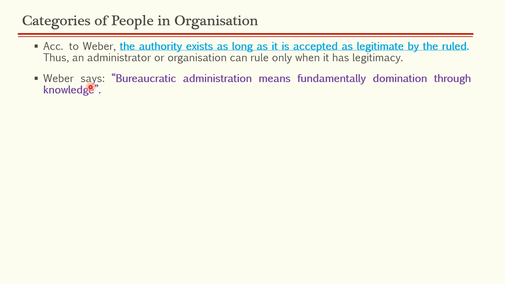They have that special technical knowledge which makes them arrive at rational decisions. Due to their expertise and rationality, bureaucratic administration is domination through knowledge. They dominate because of their knowledge. This is what Weber says.